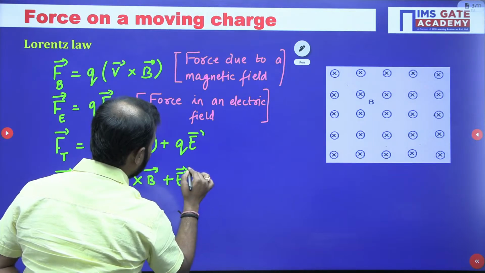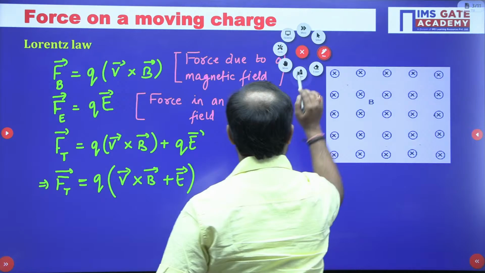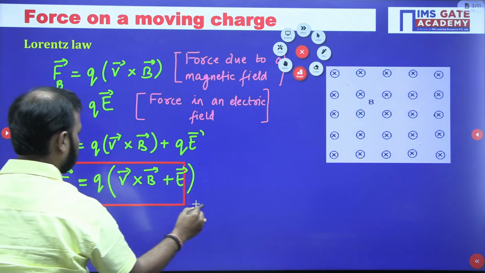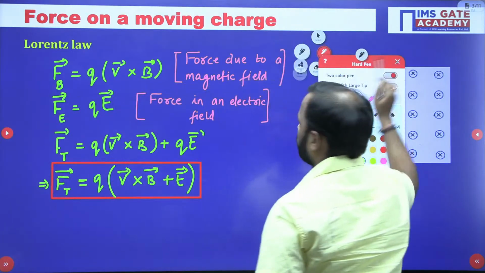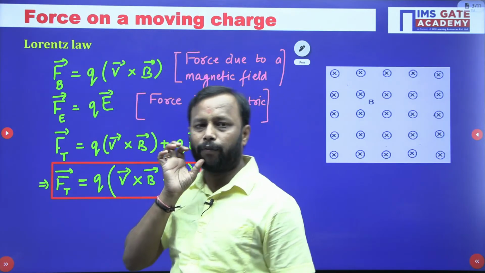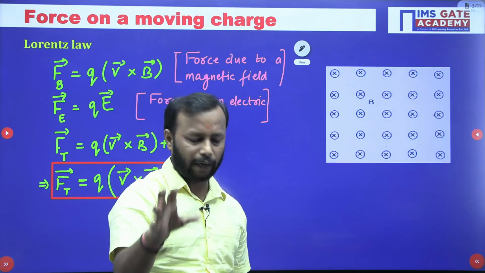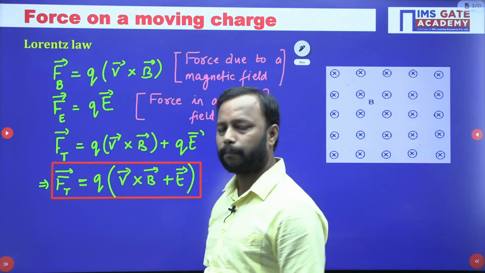So this is the total force under the presence of magnetic field as well as under the presence of electric field. Okay, so the first portion, the first formula, is due to the Lorentz force, but if you go by the electric field and the magnetic field, the force that it is going to give is this one.